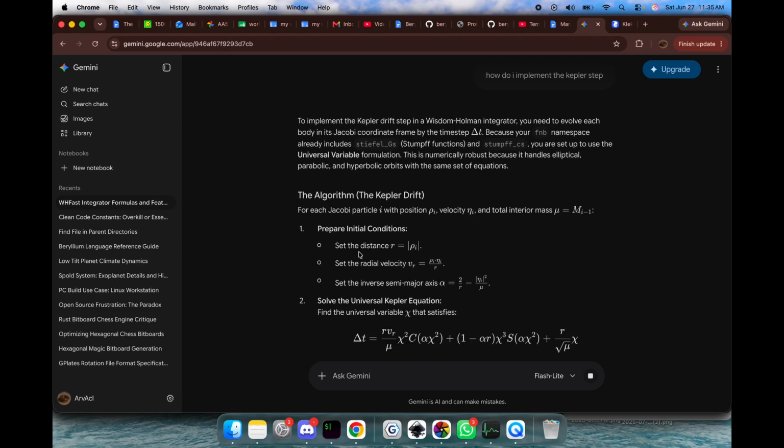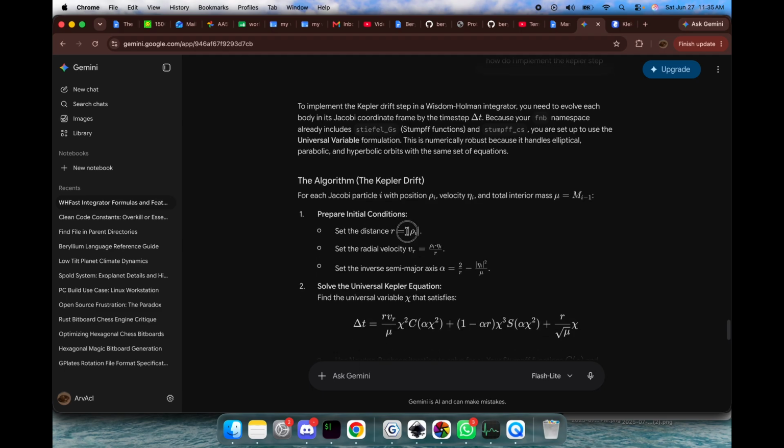So, for each Jacobi, prepare initial conditions, set the distance r equal to this. I think that's position, the radius position, and I don't know what to call that one. I forgot the name of that, but that's velocity.